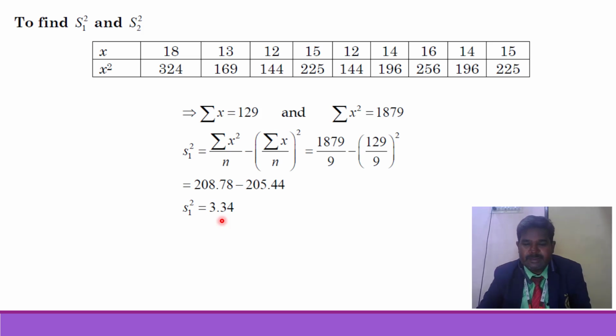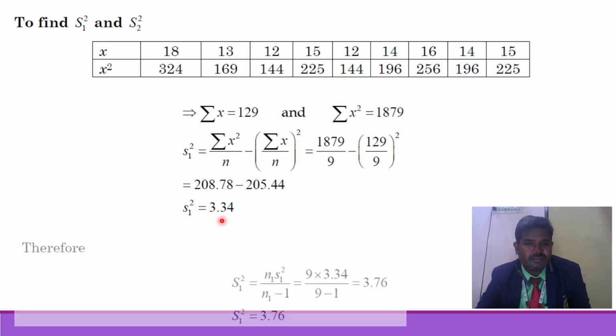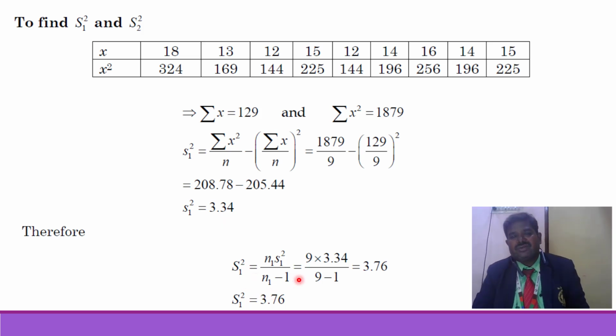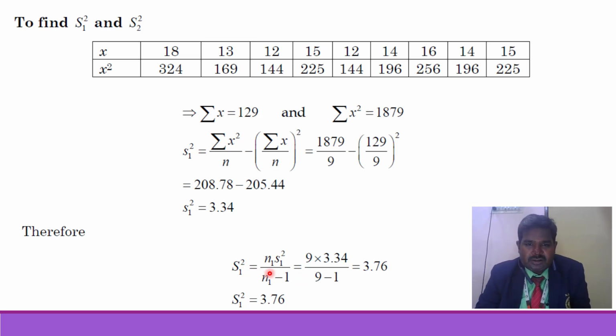Then capital S1 square we can calculate by using the formula n1 S1 square divided by n1 minus 1. So 9 into 3.34 divided by 9 minus 1, that is 3.76. So capital S1 square value is 3.76.